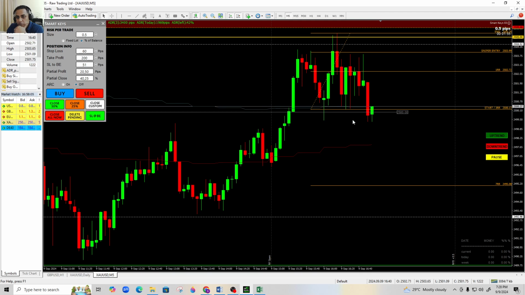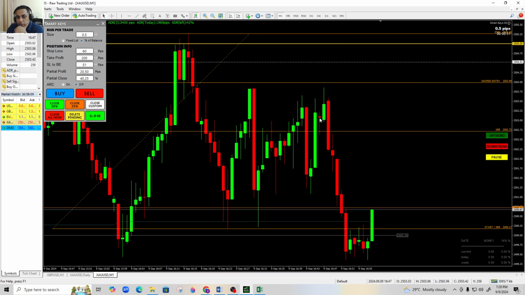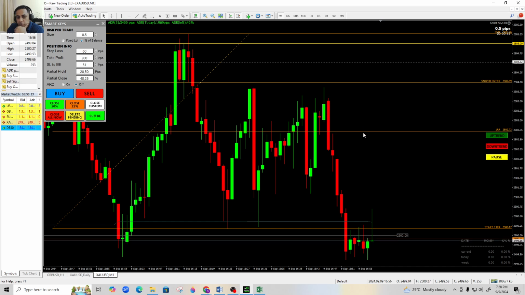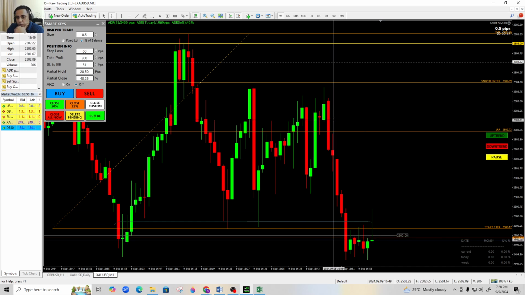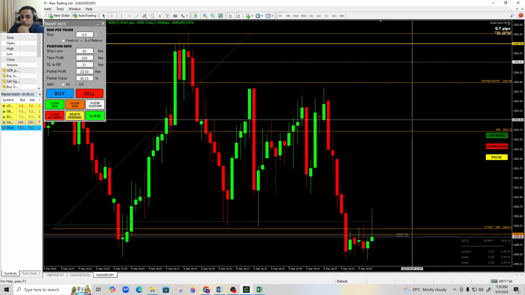We create a supply zone, just broken it. Or if you go to the M1, we see a supply zone here on the M1 time frame. So price could pull back here to 2503 and then just continue to push down to create the H4 wick. We can come up here and then push down.